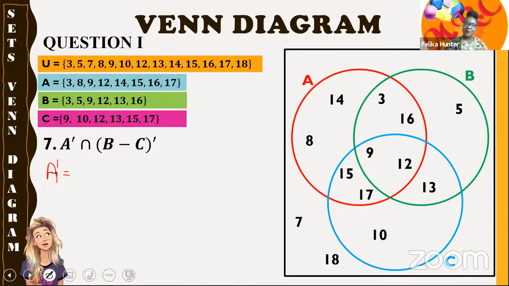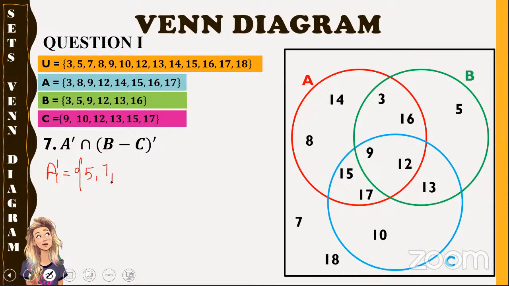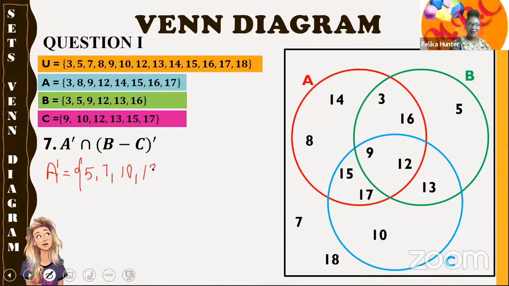A complement? 5, all right, so it's 5. 7, 10, good. 13, mm-hmm. 18. 18. All right.